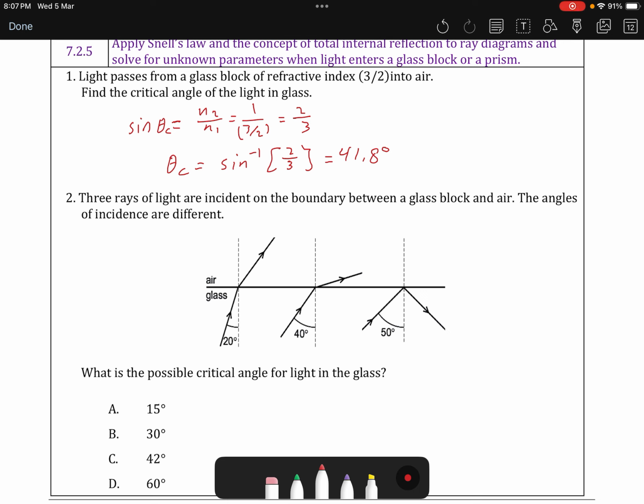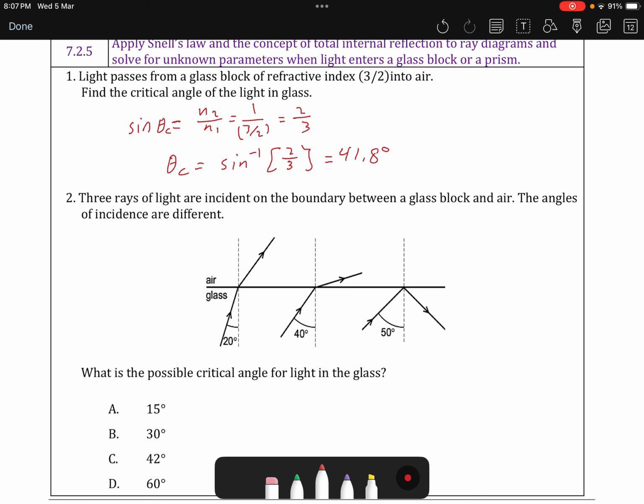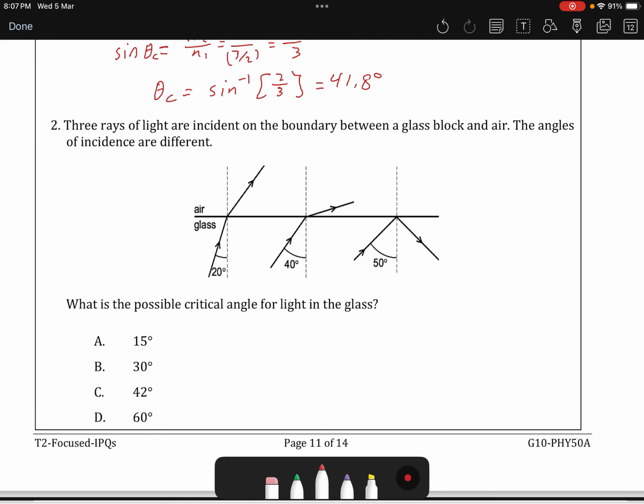Okay, next question. Three rays of light are incident on the boundary between the glass block and air. The angles of incidence are different. What is the possible critical angle for light in the glass? Actually, we know that if the angle equals the critical angle, then the light will continue.